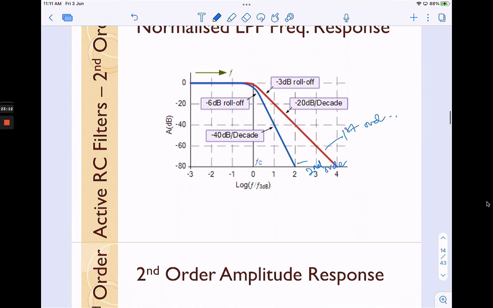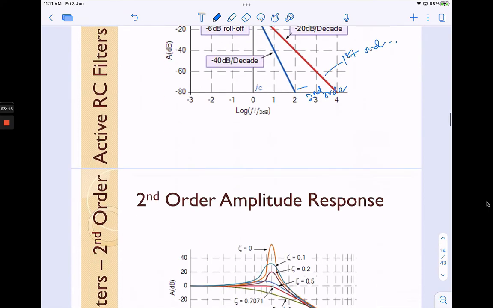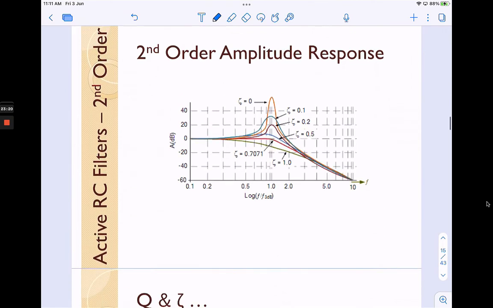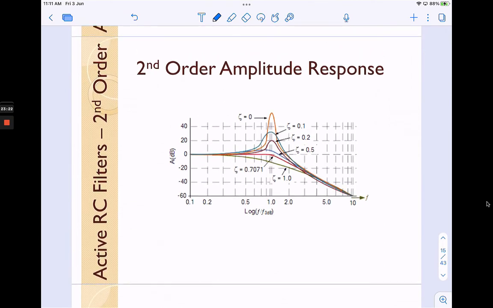Any questions so far? Okay, and you also remember that we mentioned earlier, when we talked about second order systems, they also have the damping factor as well as the quality factor. Zeta is the damping factor, Q is the quality factor. Both will affect the response of this filter.